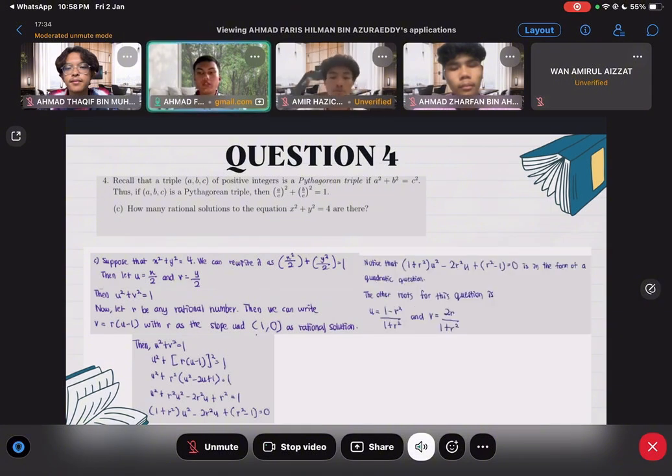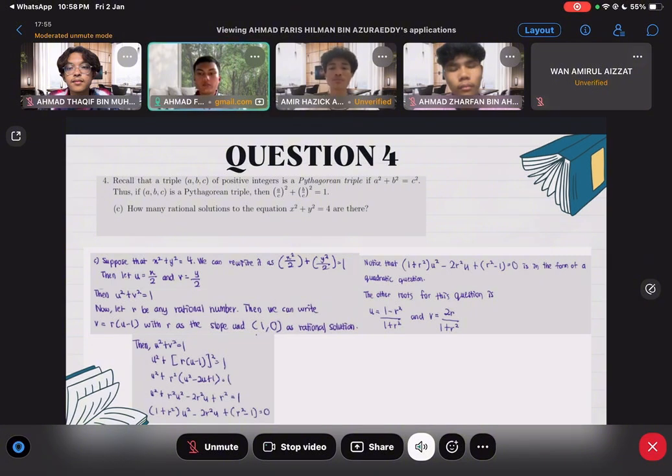Now, we can simply follow back the same steps as in question B. We let r be any rational number. Then, we can write v equals r times (u minus 1), which is another straight line equation with r as the slope, and the coordinate (1, 0) as a rational solution to our equation.